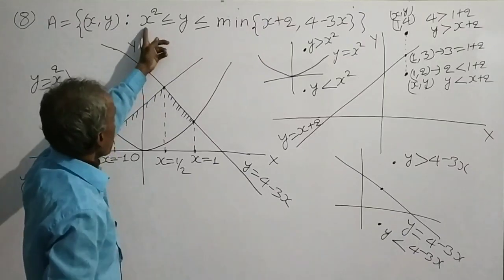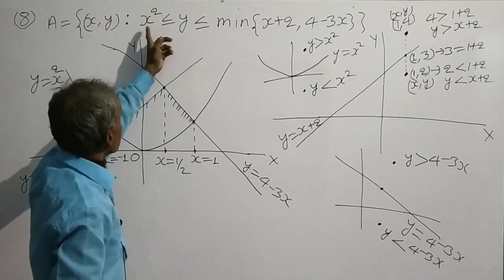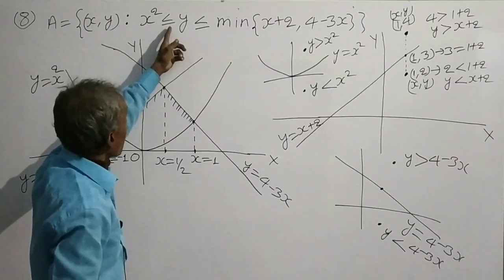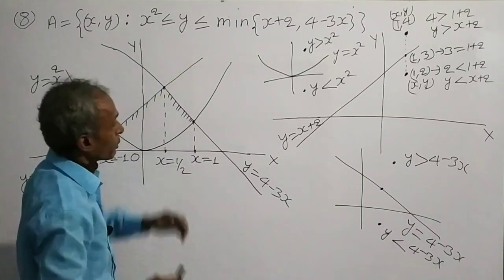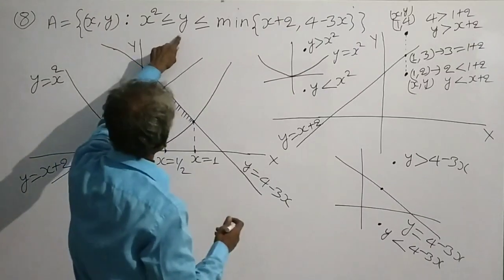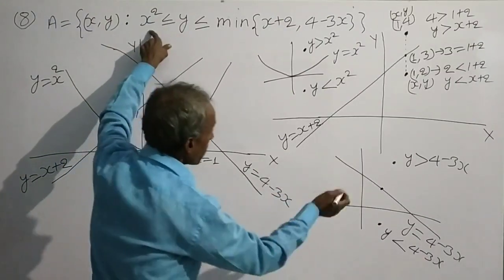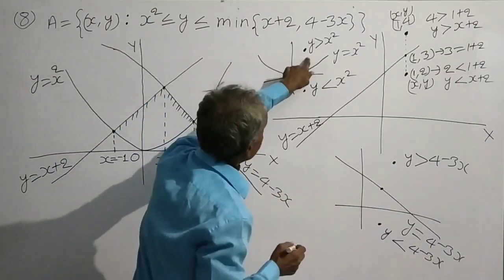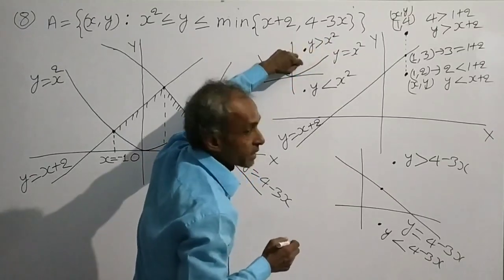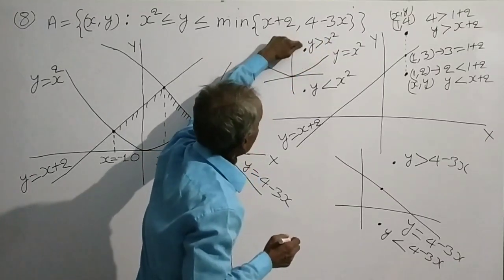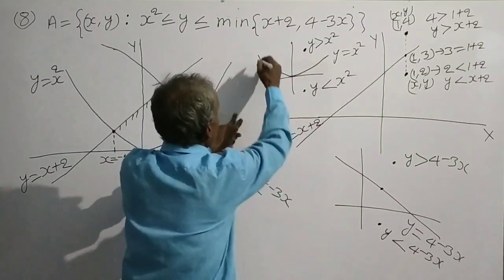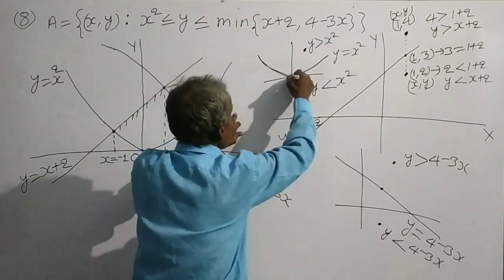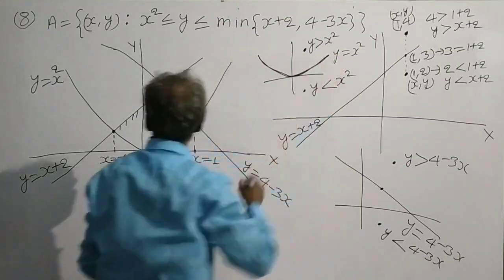Here we are told that this condition x square less than or equal to y, that means y greater than or equal to x square. Y greater than x square is the point lying inside the parabola, and y is equal to x square is the point lying on this parabola.